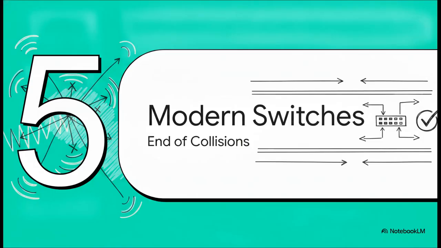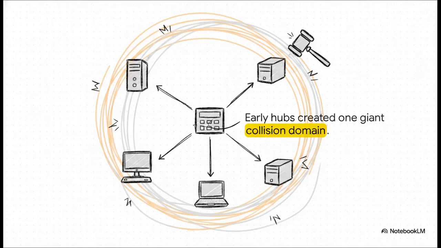All right, on to modern Ethernet and switches, the end of collisions. So Wi-Fi obviously has to constantly navigate those shared airwaves. But what about our modern wired networks? Well, engineers eventually figured out a way to engineer the whole collision problem completely out of existence. In the early days of networking, the old way relied on devices called hubs. And a hub was basically just a dumb splitter.